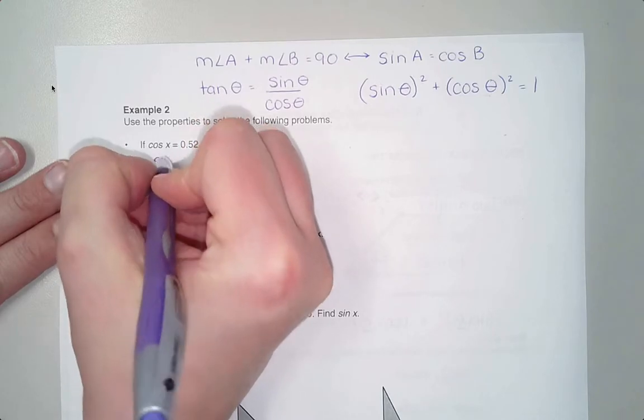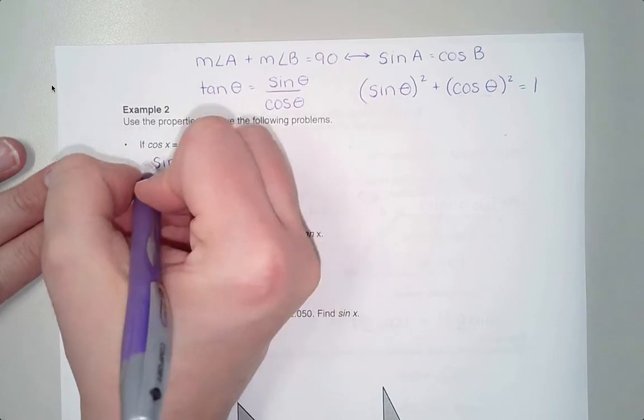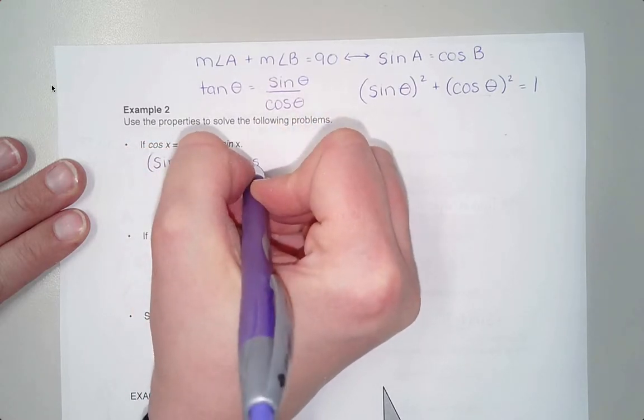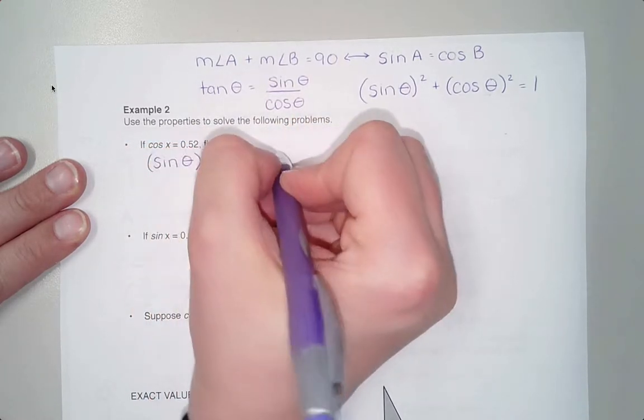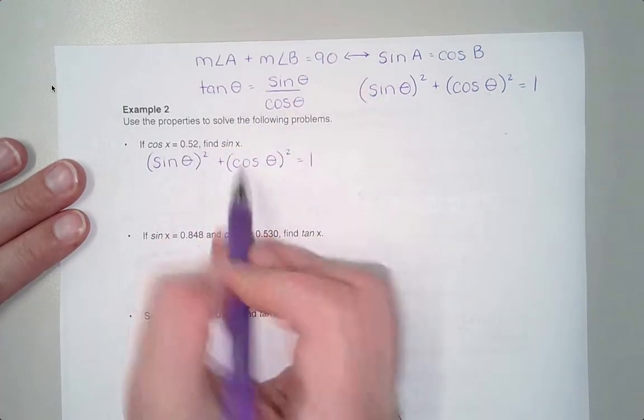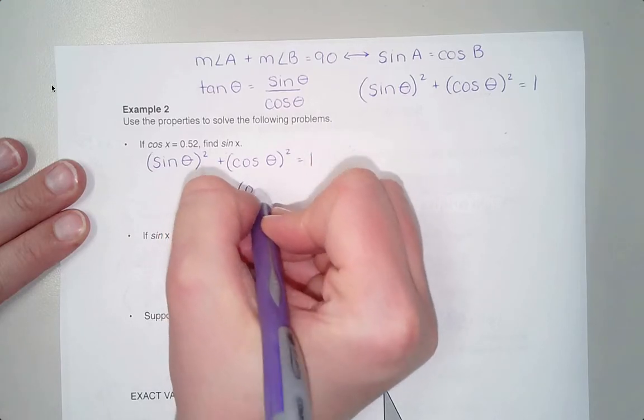I'm using the setup sine theta squared plus cosine theta squared equals 1. So now I'm going to replace cosine theta with 0.52.